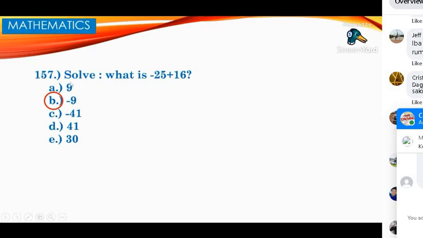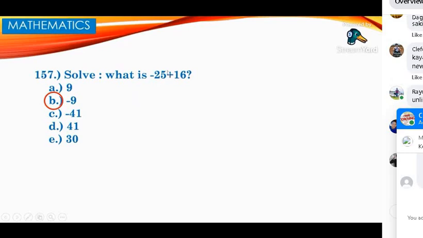But the answer is not letter A. Kasi sabi, copy the sign of the larger number. Yung larger number natin dito is 25, and the sign is negative. So the correct answer is letter B. That is negative 9. Okay, sana ganito lahat na lang, operations on integers.